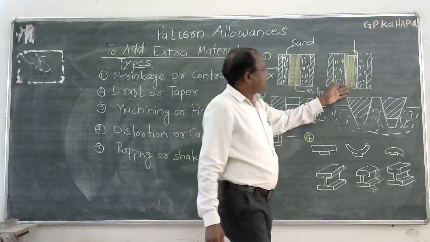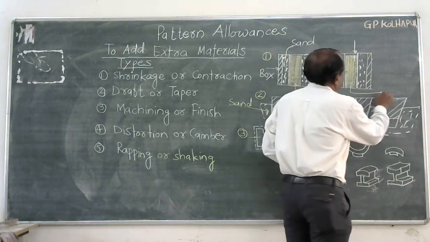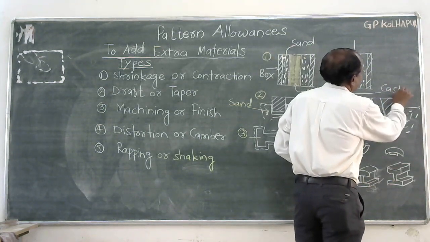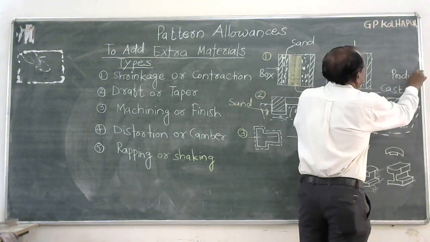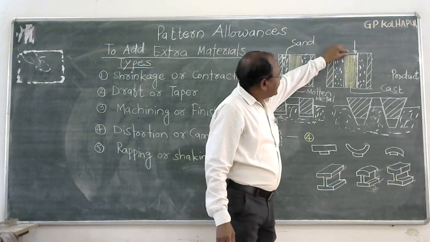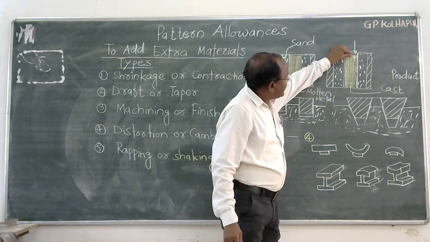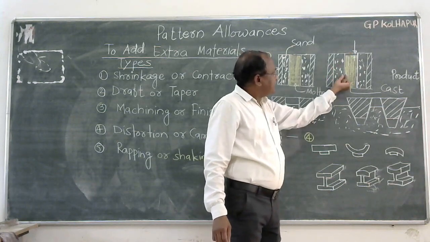After solidification, I will get such a cast product. Means after casting you are getting such a product. This diagram indicates that there is a contraction. It changes in its height. It also changes in its diameter.